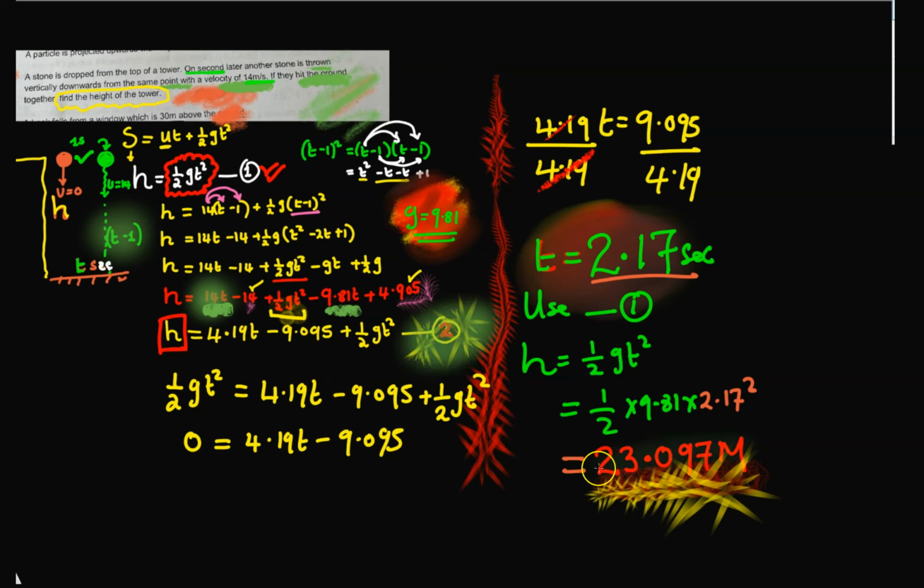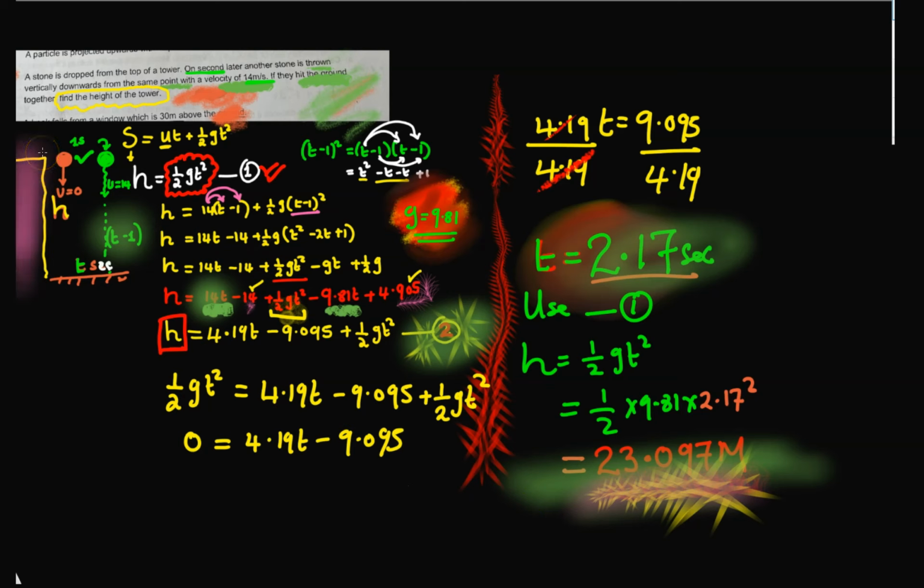Solving the two equations, we got our final time to be 2.17, which we substituted into the first equation to get the distance. The height of this tower is now 23.097 meters. So that's what you're supposed to do.